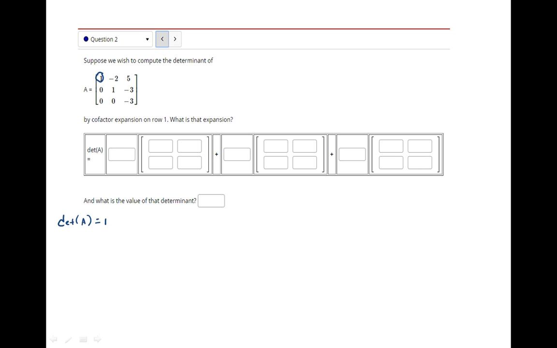Now let me just go ahead and write down that the cofactor, remember, is equal to -1 to the i plus j multiplied by the minor mij. Okay, so we're going to have -1 multiplied by -1. Now notice that this number 1 here is in row 1, column 1. So that's going to be 1 plus 1.